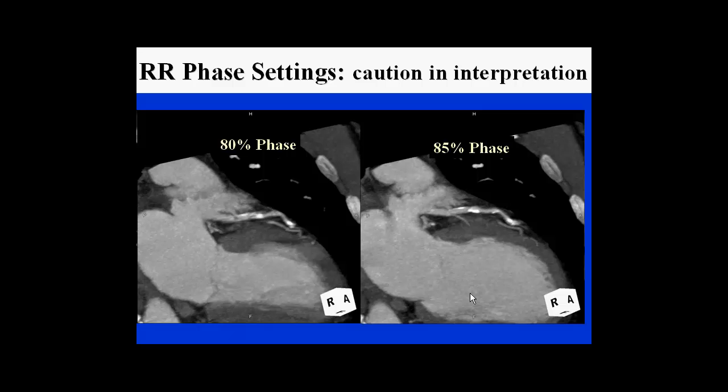Here's another example. Here's an 80% phase reconstruction and an 85% phase reconstruction. The difference between the section on the left and the section on the right is no more than 50 milliseconds, and yet interpretation of the 80% phase is not possible, while interpretation of the 85% phase is possible.